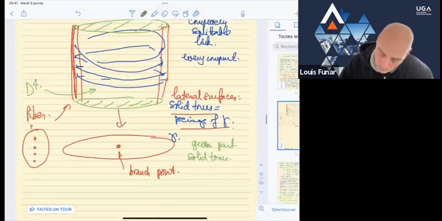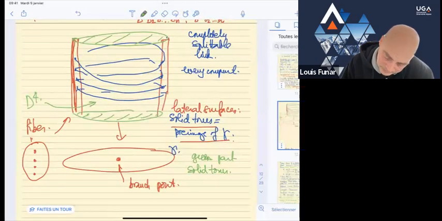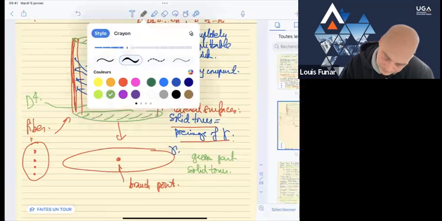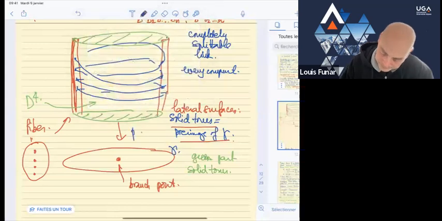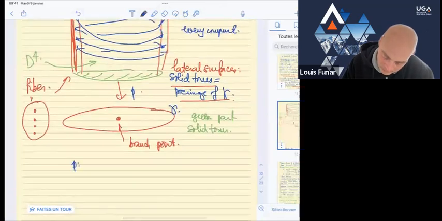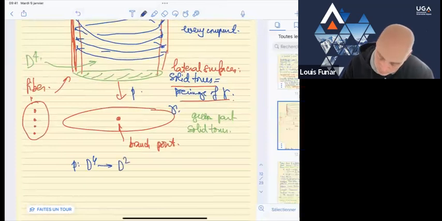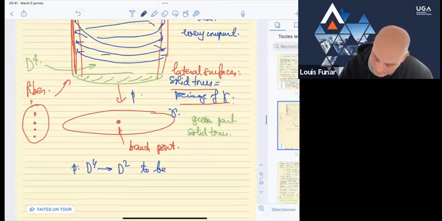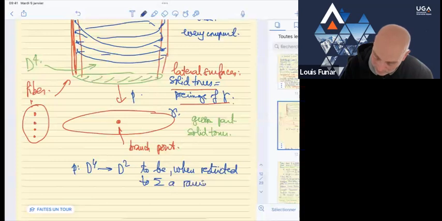But actually, you want that map P from D4 into D2, you want it to be, when restricted to sigma, a ramified covering.